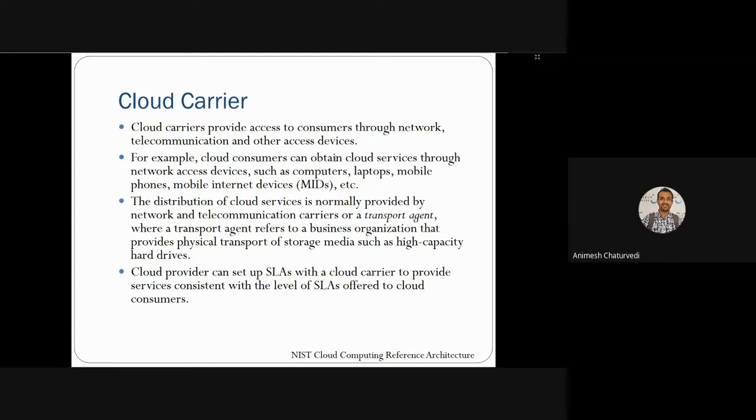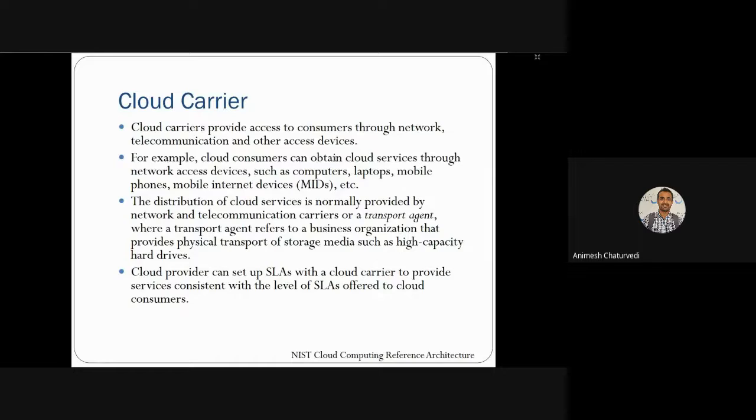So a cloud carrier could also be termed a transport agent, providing large storage media and high capacity hard drives with physical transportation, meaning trucks and buses could work together, and they keep on storing some large hard drives and shift them from one place to another.